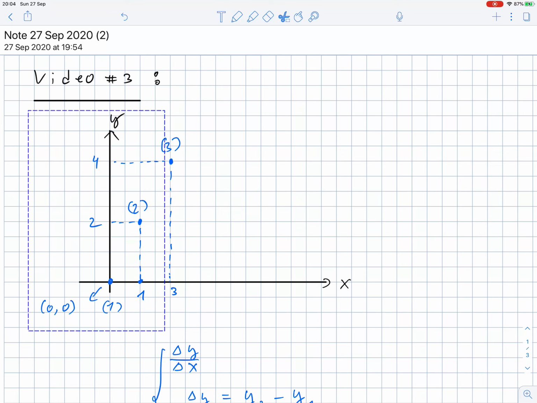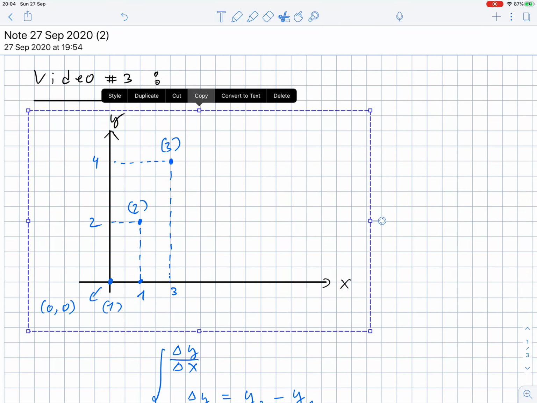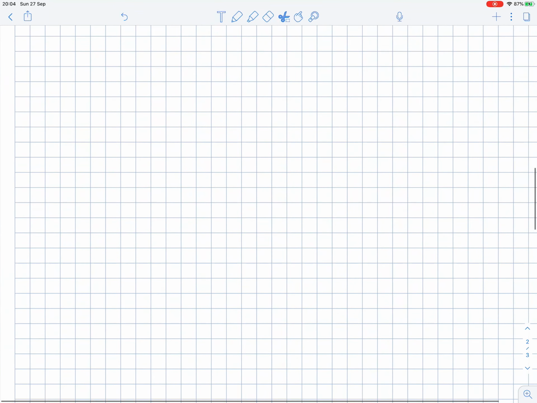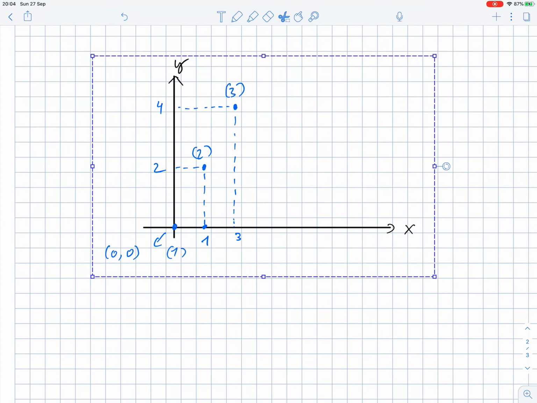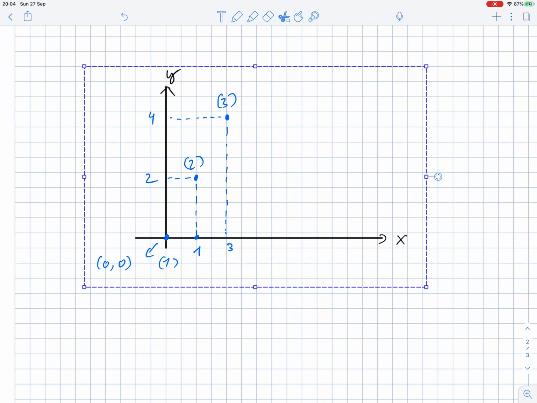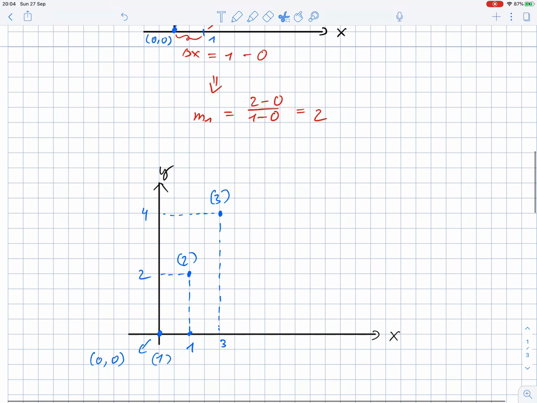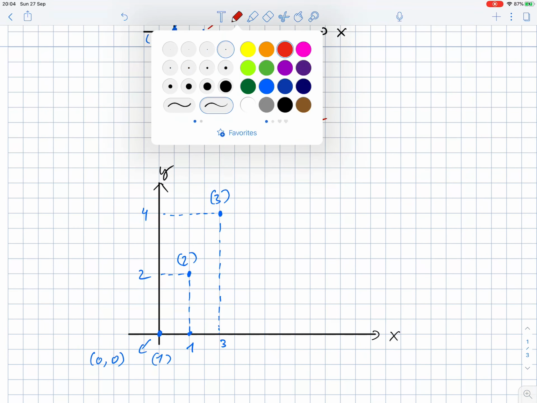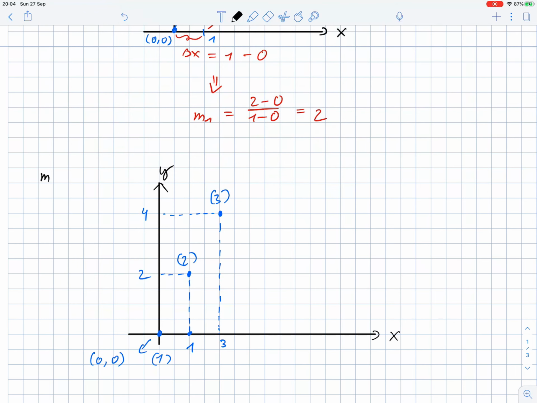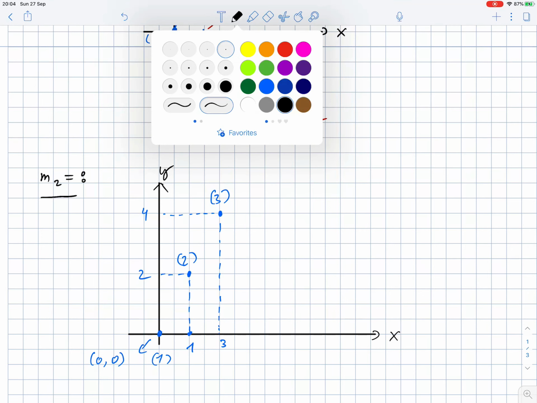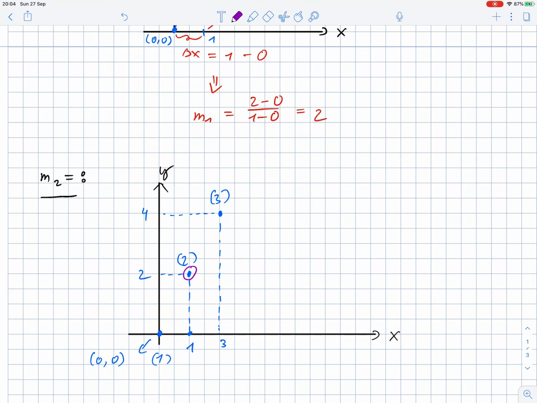I'll just copy this and paste. The second ratio, m2, equals, as I said a few moments ago, this will be our first coordinate and this will be our second coordinate.